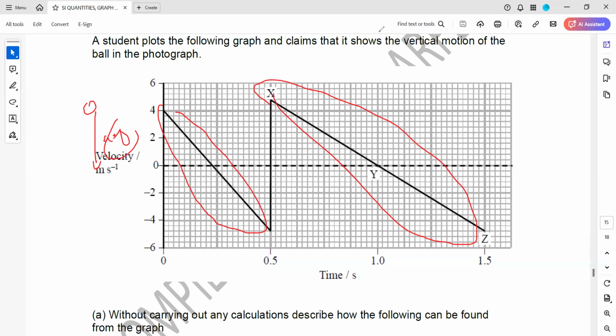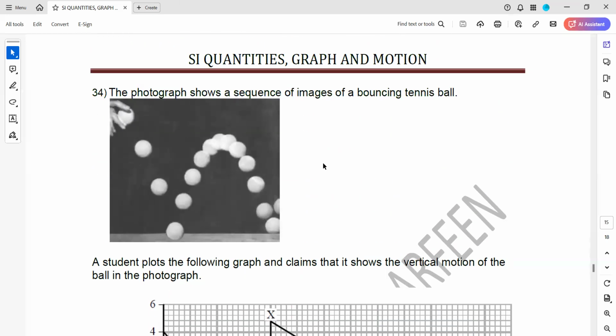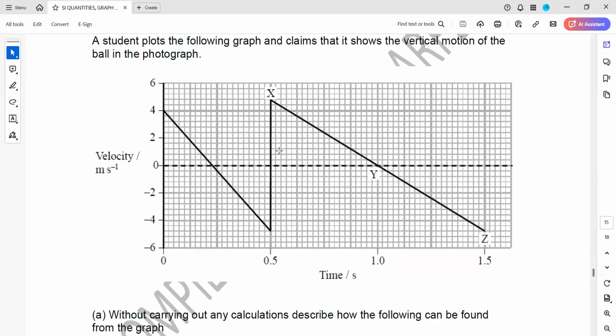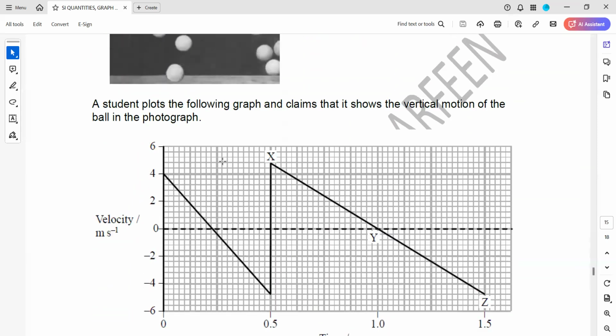And another thing, it should not rise like point X is shown. When it reached the top again, this point is higher. Like after the bounce back, it has a higher velocity than before. So starting velocity and the final velocity cannot be higher. These are the mistakes or the errors in the diagram.